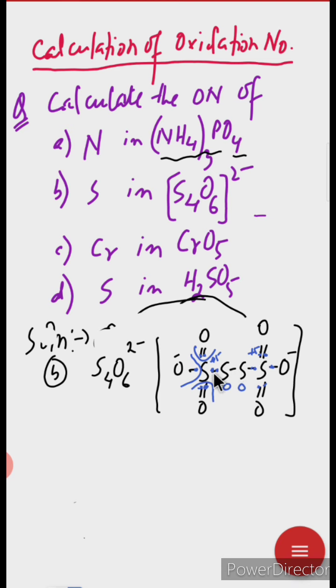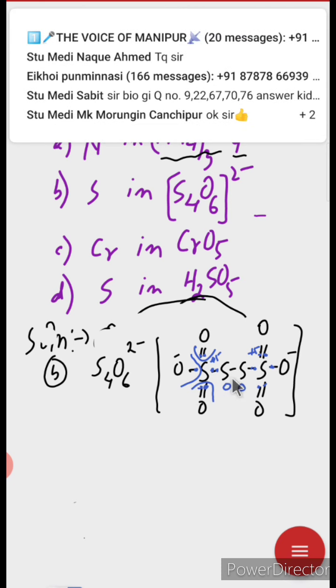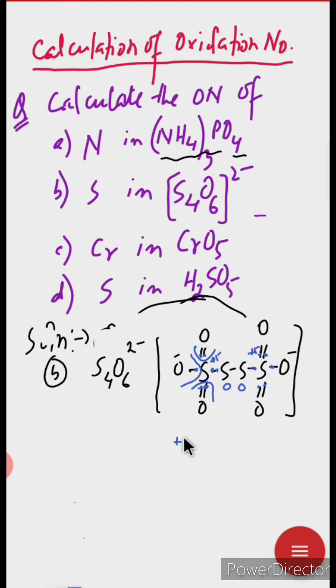So the average oxidation number of sulfur in this ion will be (+5 + 0 + 0 + 5) divided by 4. This will be equal to 10 by 4, which is nothing but 2.5.